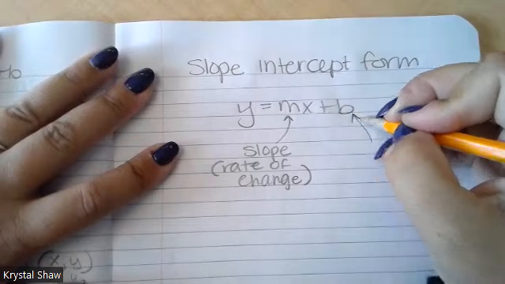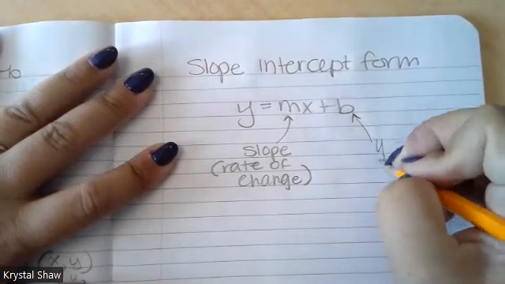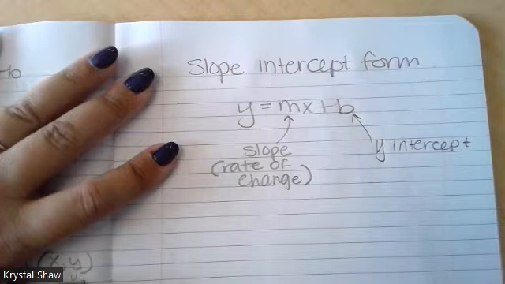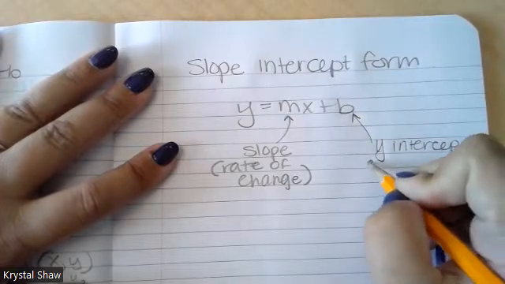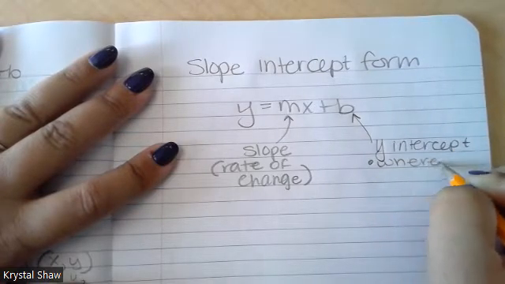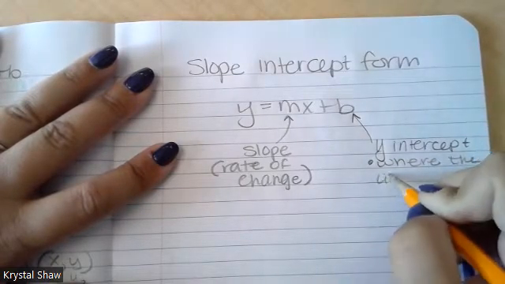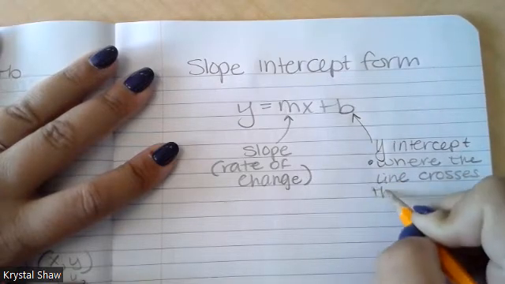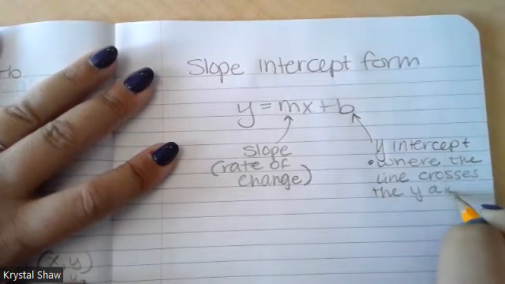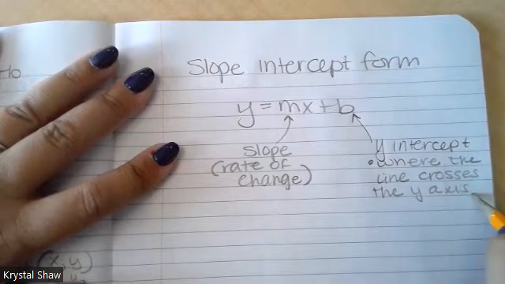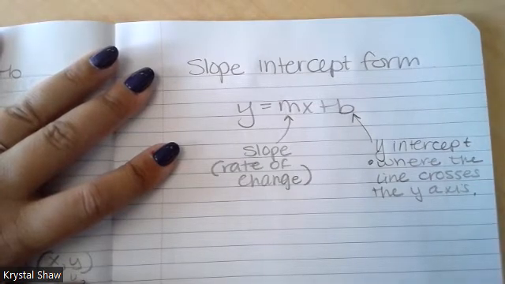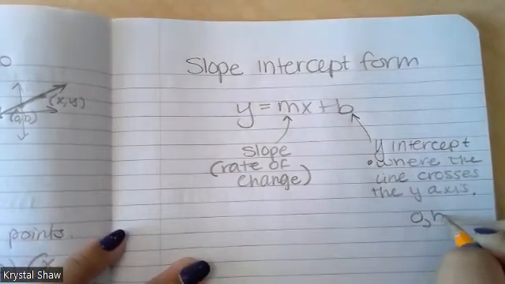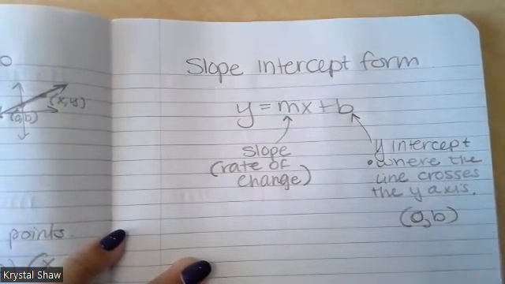B, this right here, is my y-intercept. My y-intercept is going to be where the line crosses the y-axis. We would call this a point on the graph, so it must be written as such, which is 0, comma b.